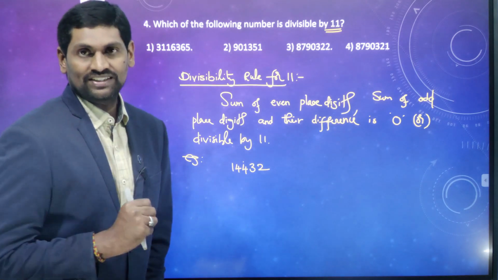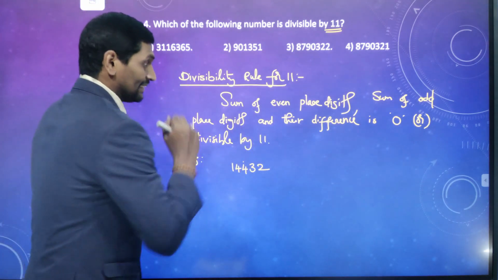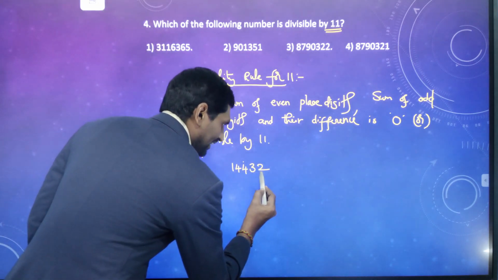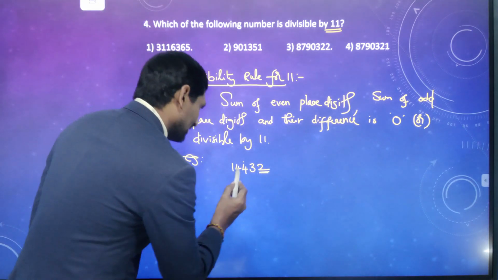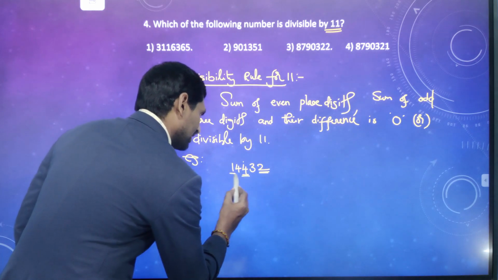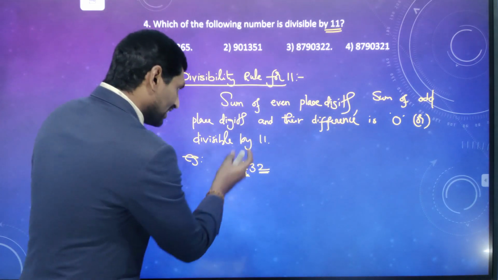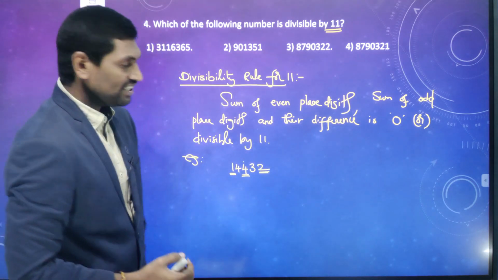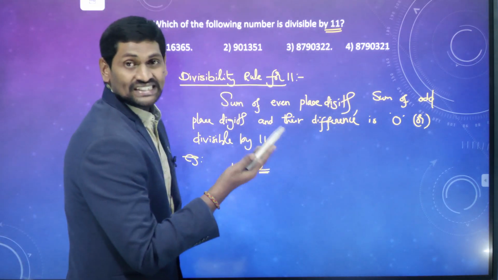Now let us see the odd place digits and even place digits. Odd place digits means, from the right end, the first digit, third digit and fifth digit, which I have underlined. Right means the units place digit.